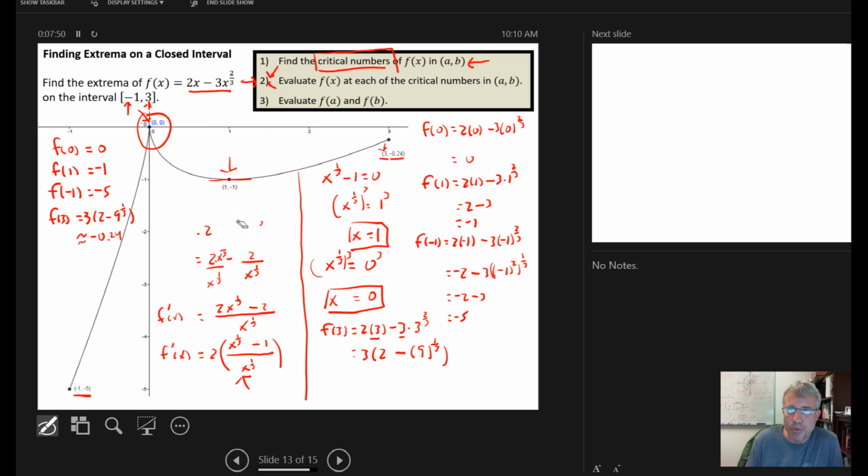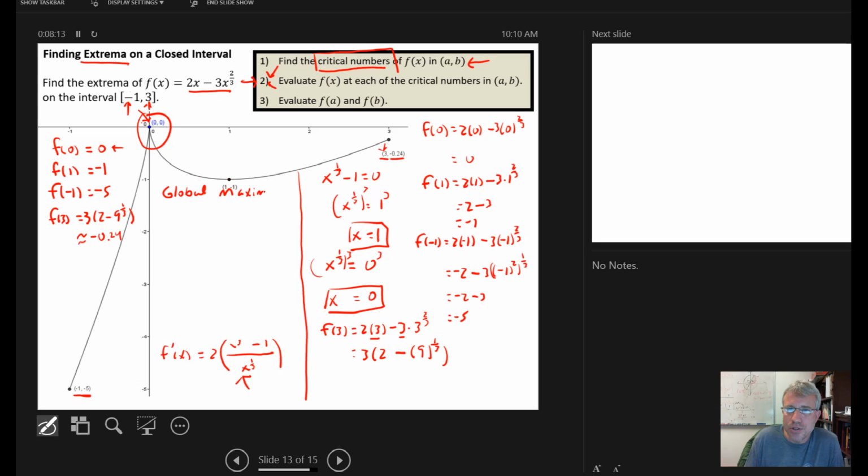those function outputs. We're looking for the extrema, the largest and smallest outputs on the closed interval. So it's just a matter of evaluating the function outputs and saying which one is biggest and which one is smallest. Those are our extrema. So I see that I have a global maximum.